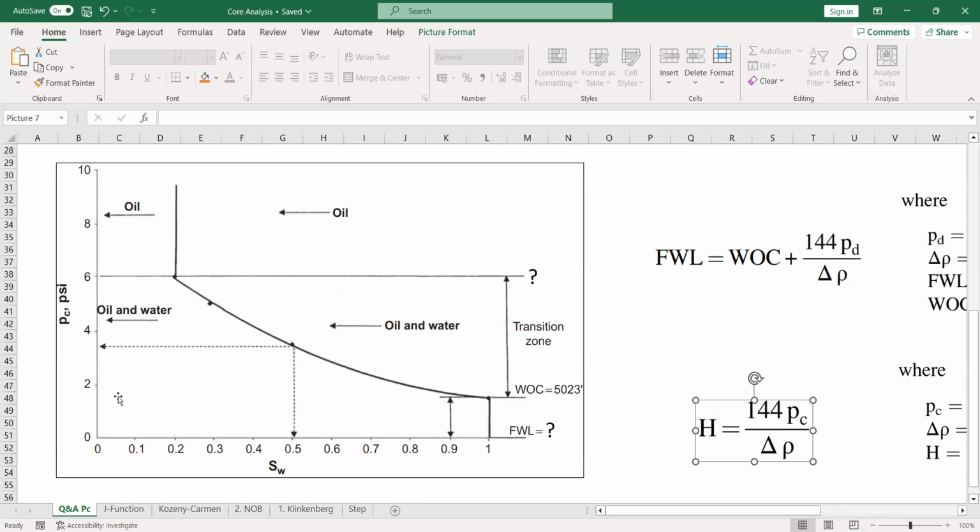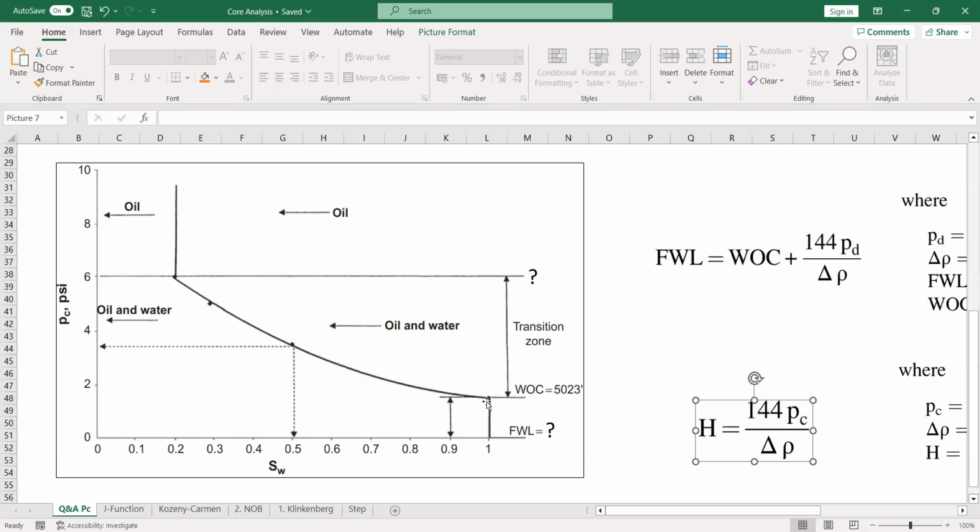So the capillary pressure at this point where the curve changes the trajectory is called displacement pressure. All right, this is the minimum capillary pressure at 100% water saturation that is required to force the non-wetting phase, in this case oil, into a capillary filled with the wetting phase or the water.